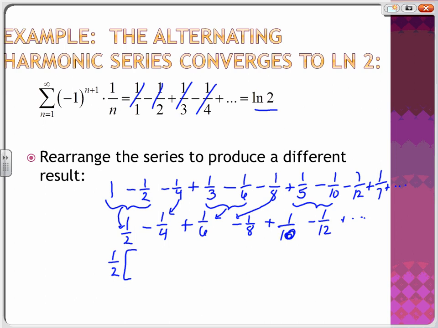So let's pull out a half from everything. So what am I left with here? 1 minus 1/2 plus 1/3 minus 1/4 plus 1/5 minus 1/6, etc. And hey, that's the same as 1/2 times what? ln of 2.